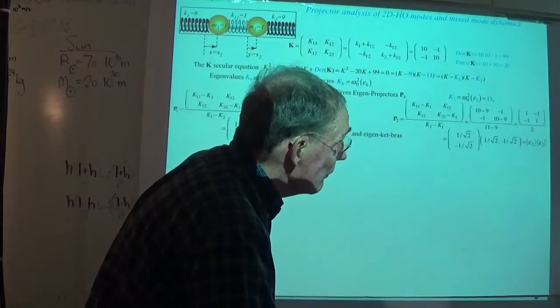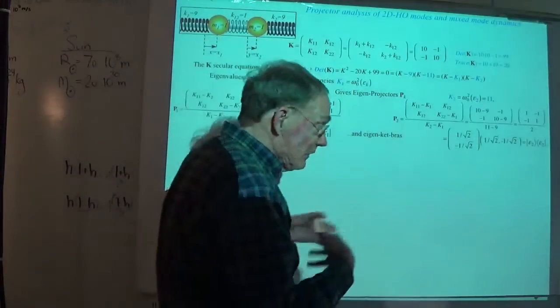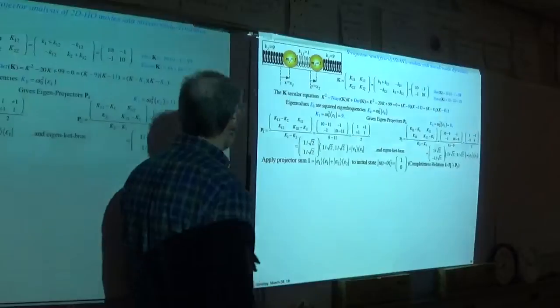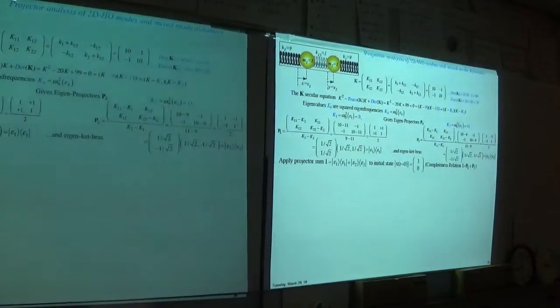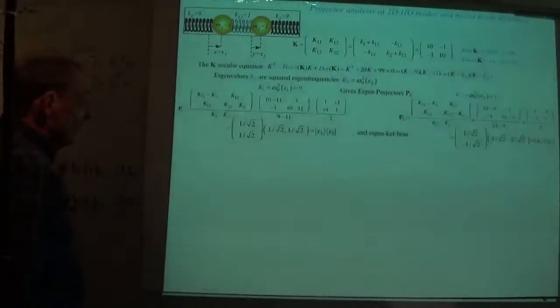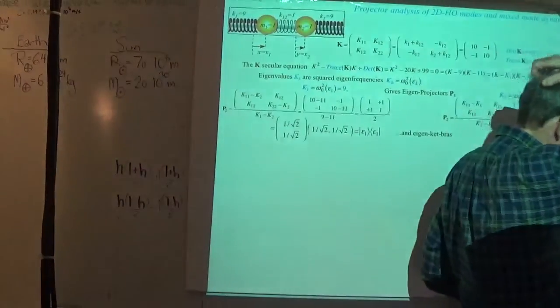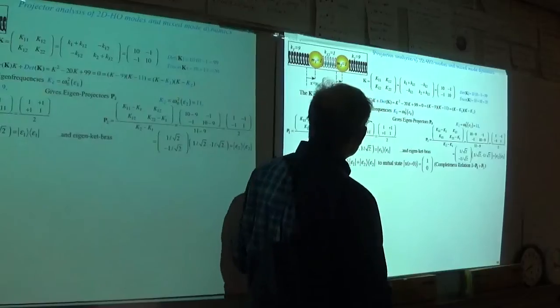And I want to show you how a projector is used for setting up motion. Basically what you do is you take the sum of the projectors, which by the completeness relation is 1. Remember those, when I add these two things right here, I just get 1. And that's one of the tests of your projectors. And I take this and I'm going to multiply it by some initial state.